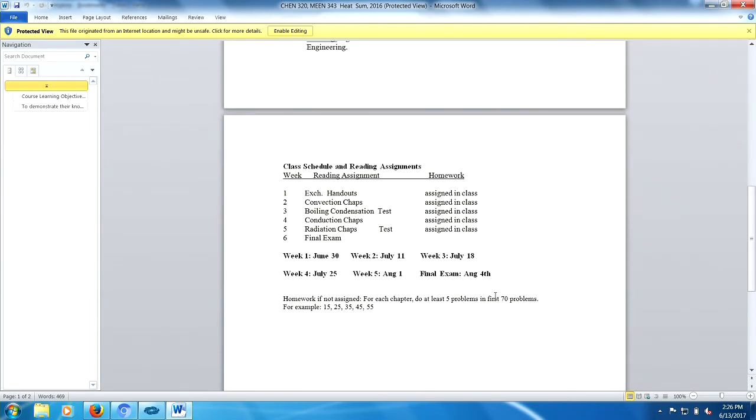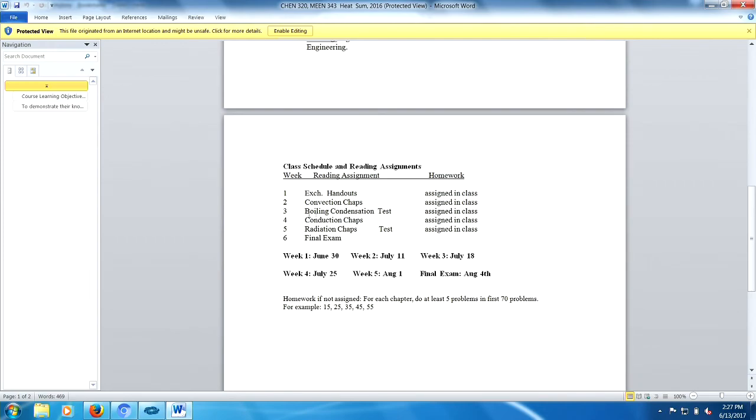Basically, looking at the different subjects, we are going to be doing heat exchanger handouts the first 4 or 5 days. And we'll go into convection chapters, maybe.